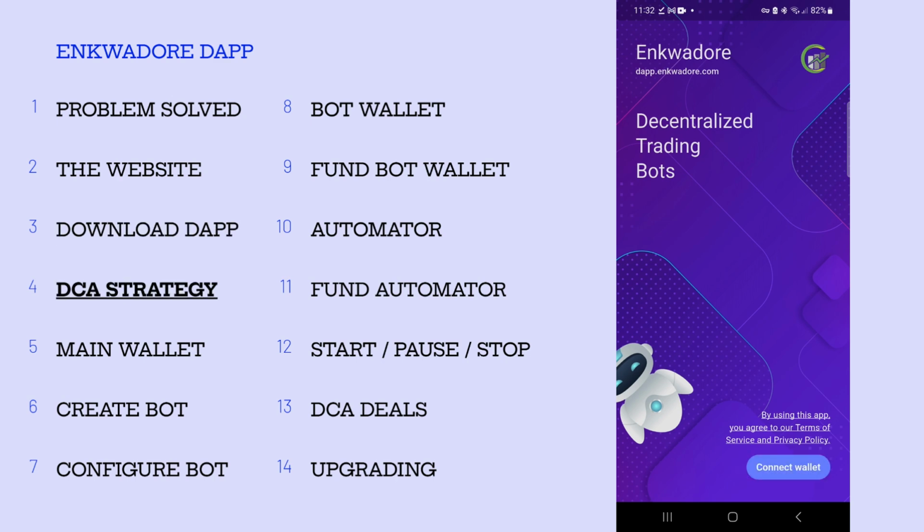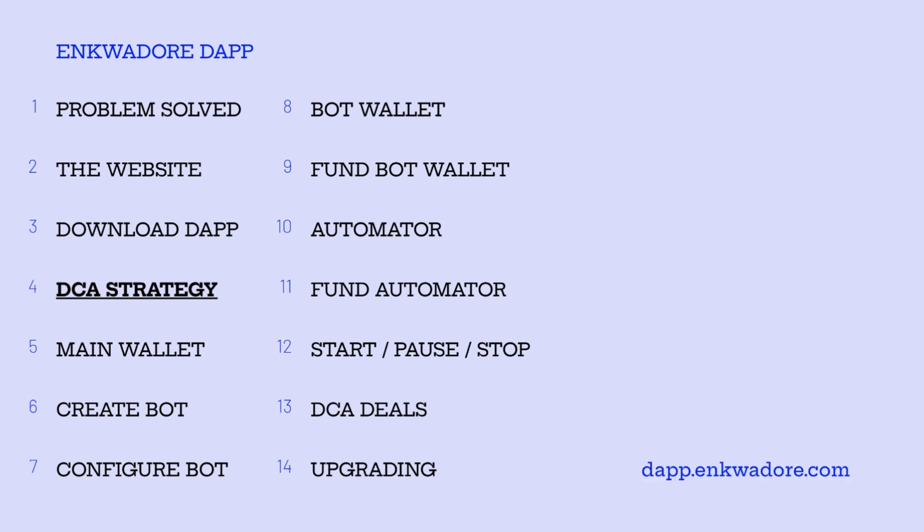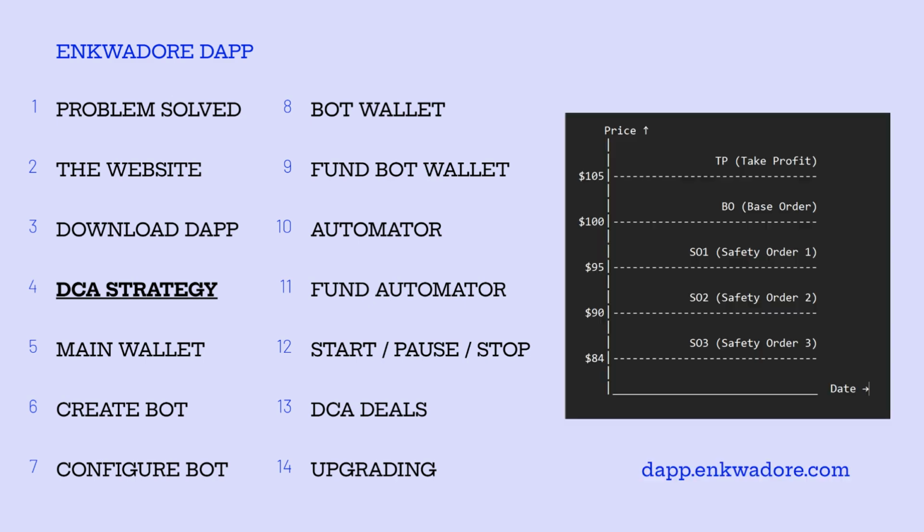So the next thing we'll look at, before we start setting up the bot, is the DCA trading strategy for those of you that might not be familiar with it. How the DCA trading strategy works is that you can buy an asset at $100, for example, and you set your take profit at 5%.